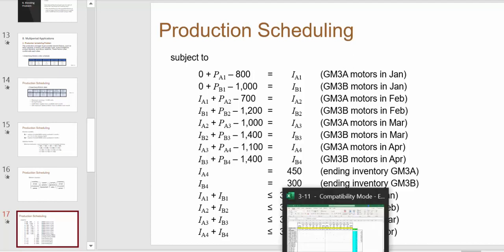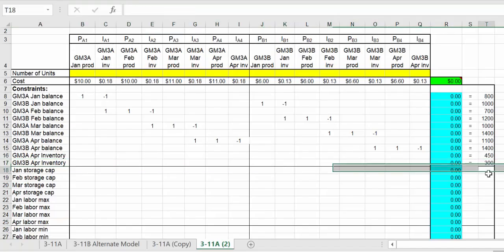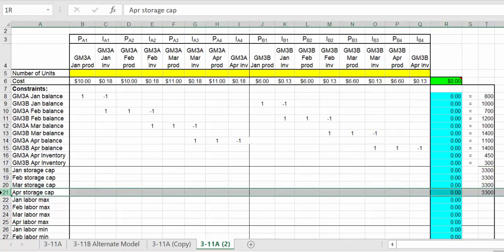So we got to keep it lower than that. So these will all be 3,300. We can copy that down. I'll just check April. Yep, it's hitting there. Good.